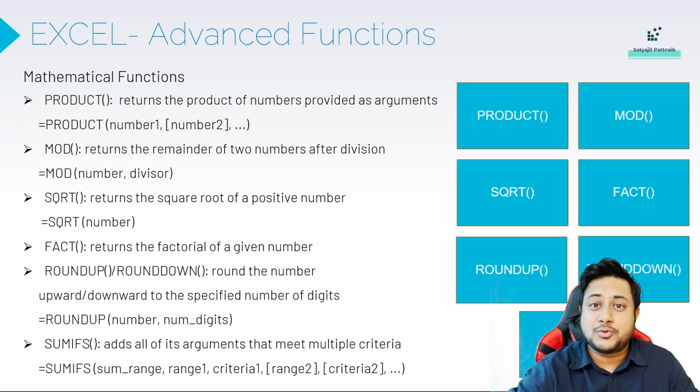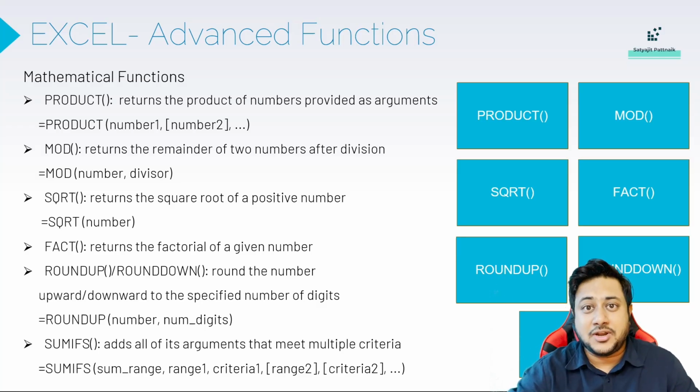Similarly, we also have the square root function, which we have already studied in the predefined functions in class 1, but we will also be covering that, because square root is nothing but another mathematical function. Similarly, we'll also check if we have cube root or not, and then fact, which basically returns the factorial of a number.